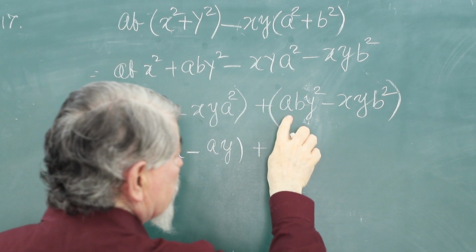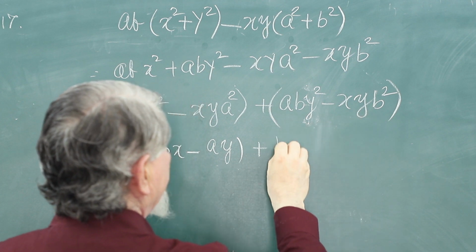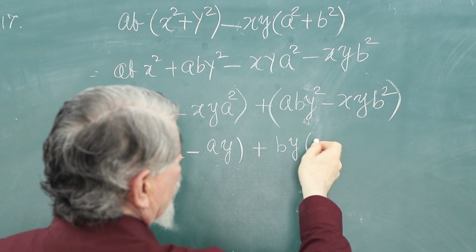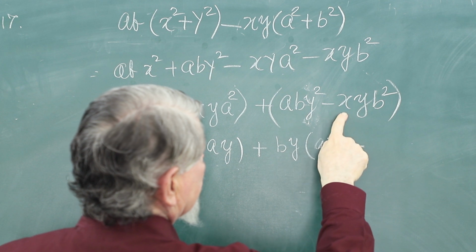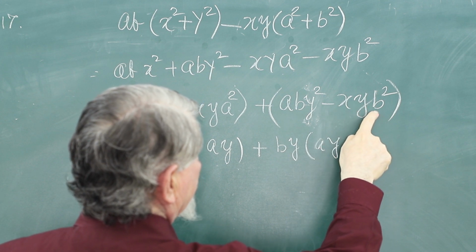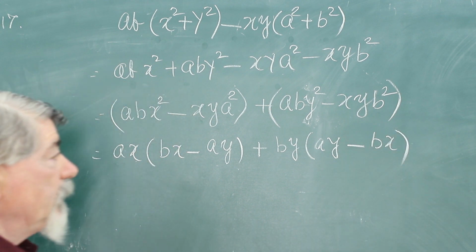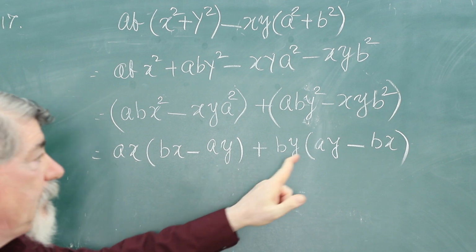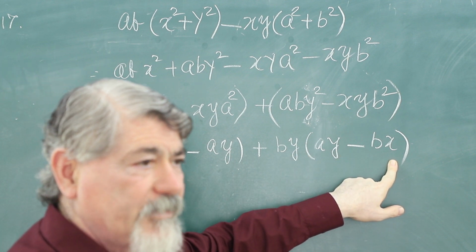And out of this pair, what can I take common? I think I can take out by common. If I take by common, what will be left? a, y, and minus. What will be left here? y is gone, b is gone, so bx. Now the only thing here is, this is bx minus ay, this is ay minus bx, only the order is different, the signs are different.